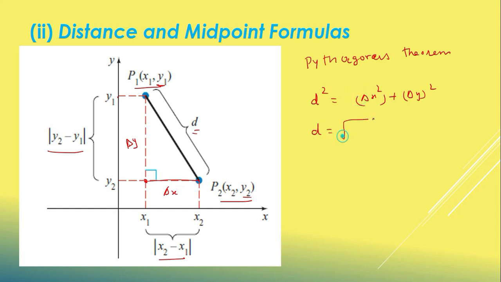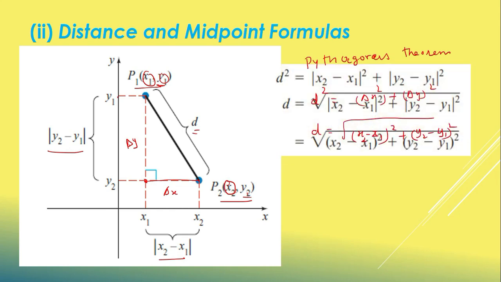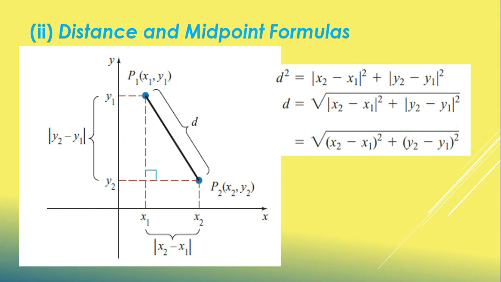Therefore d is the square root of del x, the difference between x2 and x1, so (x2 minus x1) whole squared, plus del y, which is (y2 minus y1) whole squared. That's all. So the squared difference between x values plus the squared difference between y values, and the overall square root will give you the distance between two points. An example has been given, the formula has been given here. We will take an example.